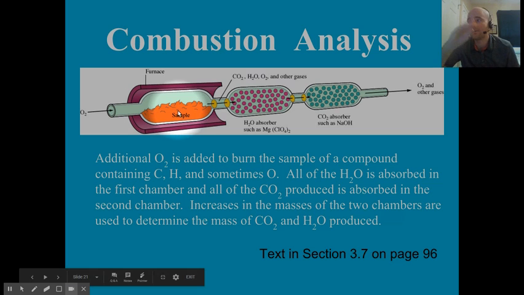Then we'll close it up and heat it to a very high temperature. Pure oxygen will be continuously injected into this. The amount of pure oxygen will not matter because the oxygen will come out the other side. Once it's burned, it will produce carbon dioxide and water.